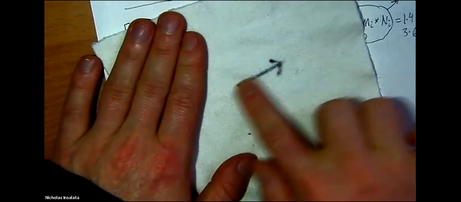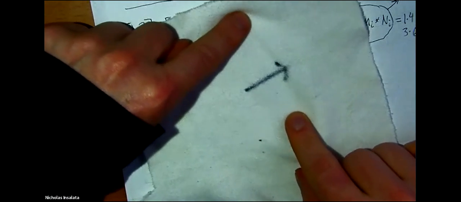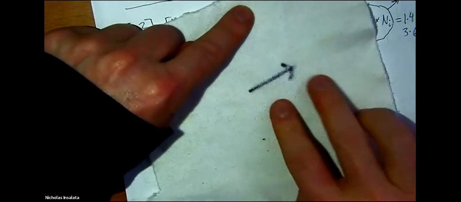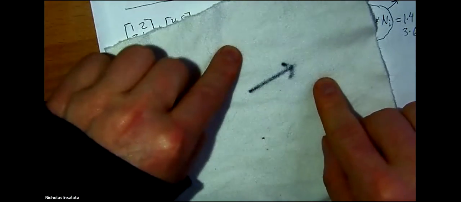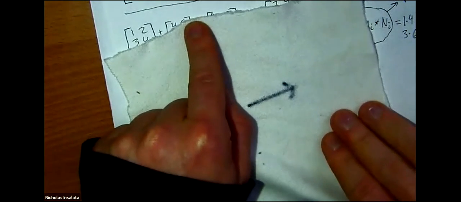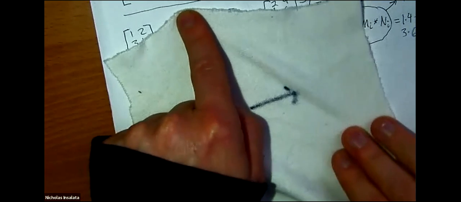If I stretch it not in the same line as the vector, but perfectly perpendicularly, it wouldn't do anything. It would just stay there. It would shrink it a little, but it wouldn't change the direction. But if I pushed up this way and down this way, that'll actually change the rotation of it a little bit.